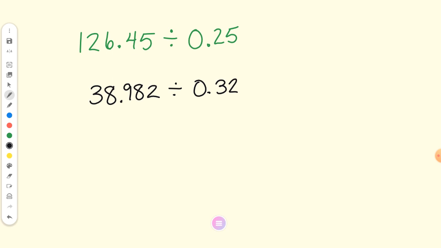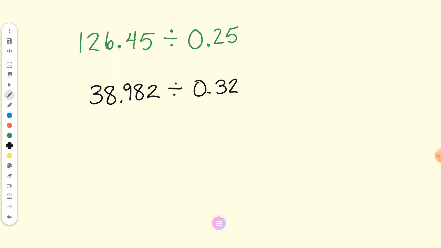Because this is a hard division problem because there's lots of digits there. What would we round 38.9 to if we had to round it to a whole number? Kendall? 39.